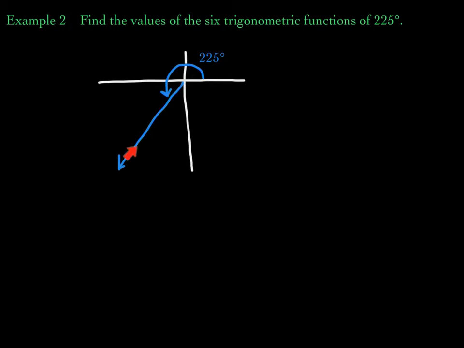Why root 2? You'll see in just a second. It's for convenience's sake, but just remember that we can choose whatever point we want. I'm going to choose root 2. So we're choosing r to be root 2. This distance here will be root 2.